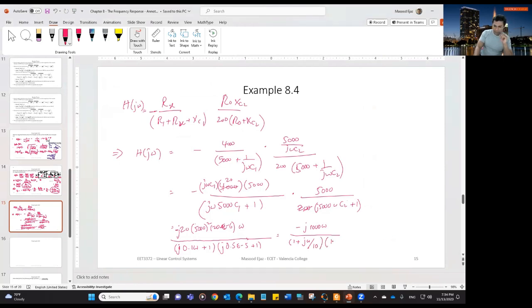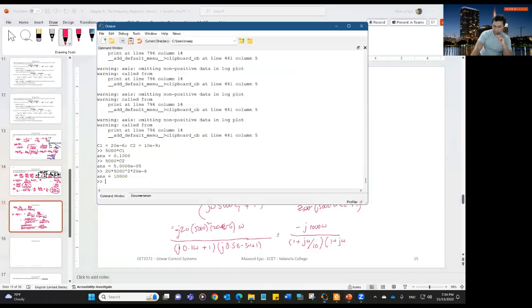And I'm going to write this down as 1 plus j omega. And let's see what is 1 over 0.5 exponent negative 5. That's what we got, right? No, we got 5 exponent negative 5, not 0.5.